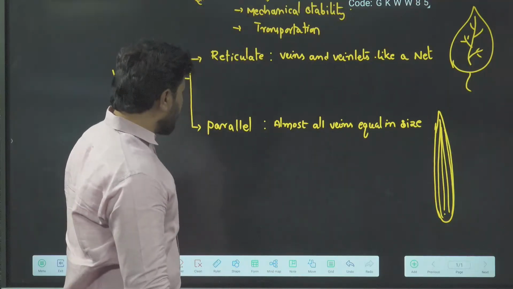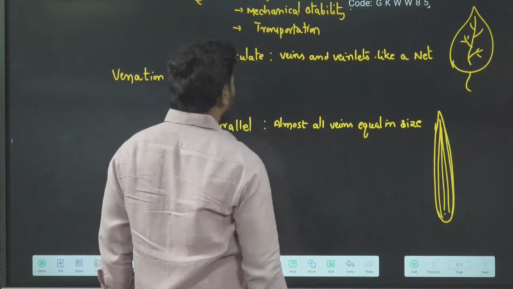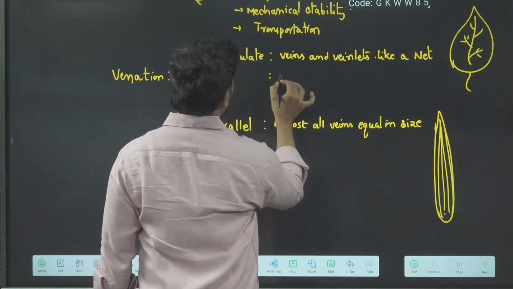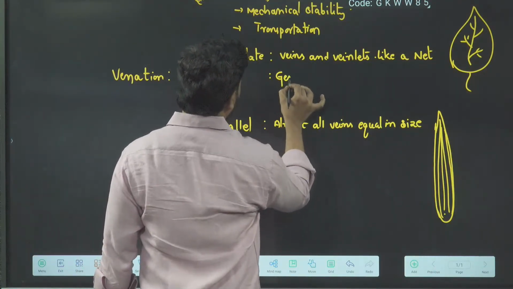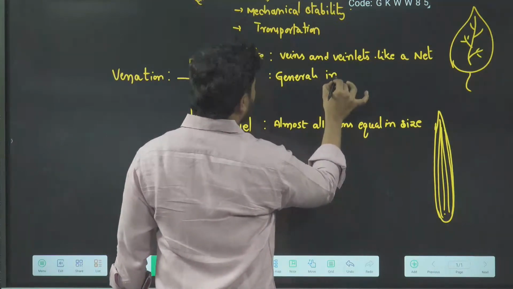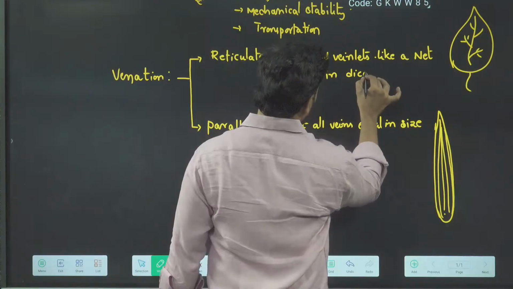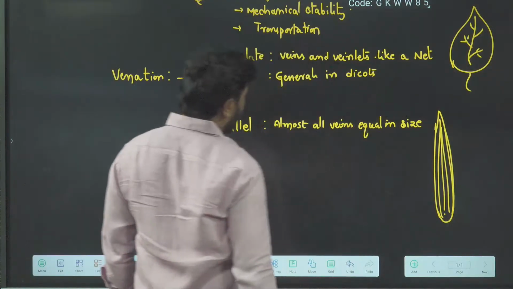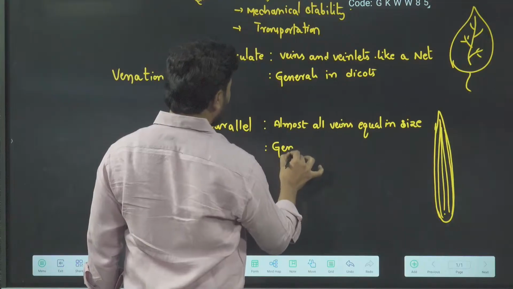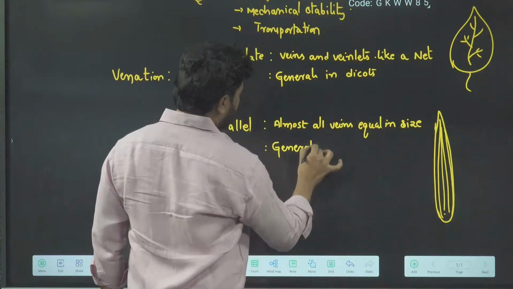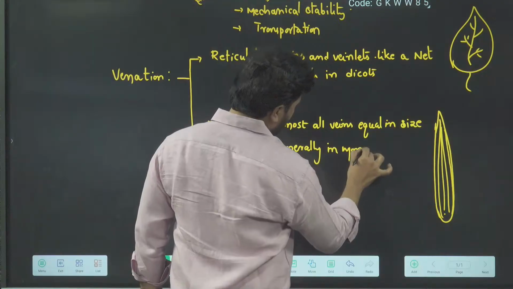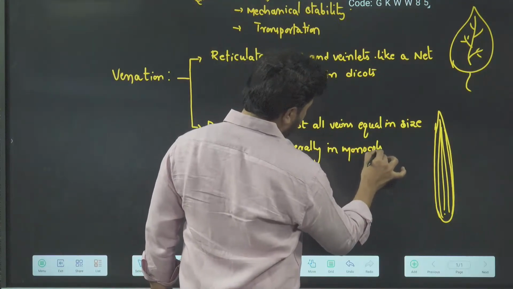Where do we see reticulate venation and where do we see parallel venation? Reticulate venation is generally identified in, I am not saying in all dicots, generally in dicots. Parallel venation generally in monocots.